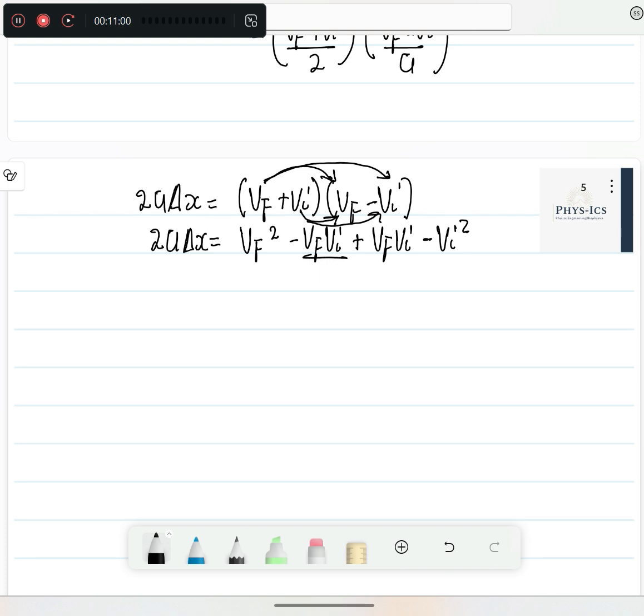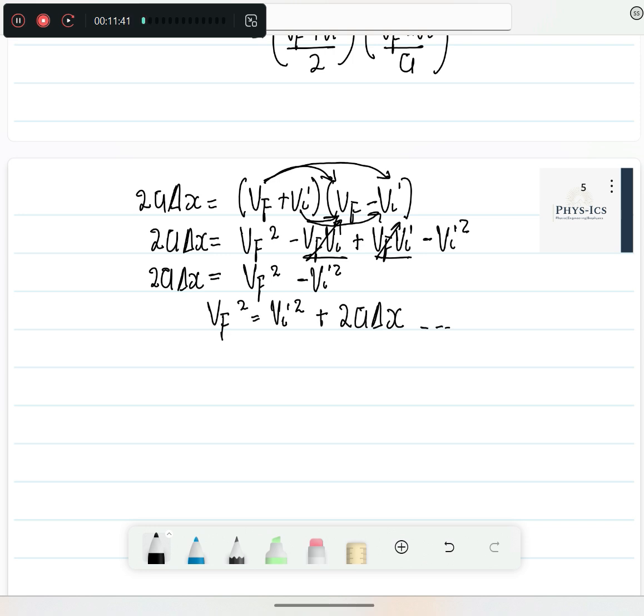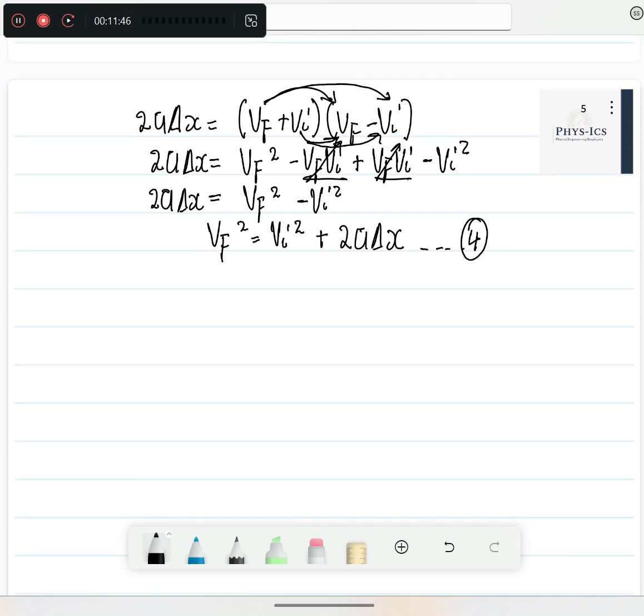So we realize that we have like terms, negative added to positive gives us 0, therefore we have Vf squared minus Vi squared, and on the left hand side we still have 2a change in x. And he said if we take the negative of the initial velocity squared to the left hand side, we will have Vf squared equals the initial Vi squared plus 2a change in x. And from this, he found the fourth equation of kinematics.